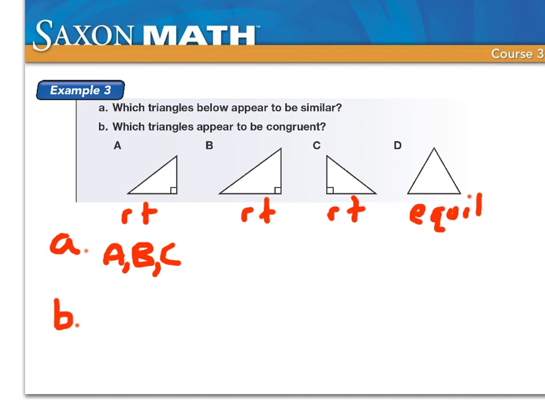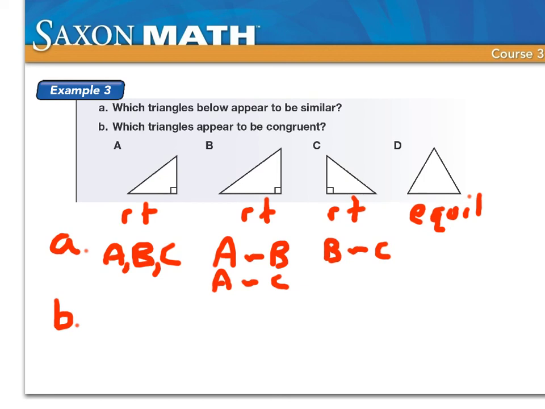Now we can rewrite that too and say A is similar to B, and A is similar to C, and B is similar to C. Now, B. Which triangles appear to be congruent? Well, again, congruent has to be the exact same shape and the exact same size. So if they're not similar, they can't be congruent.